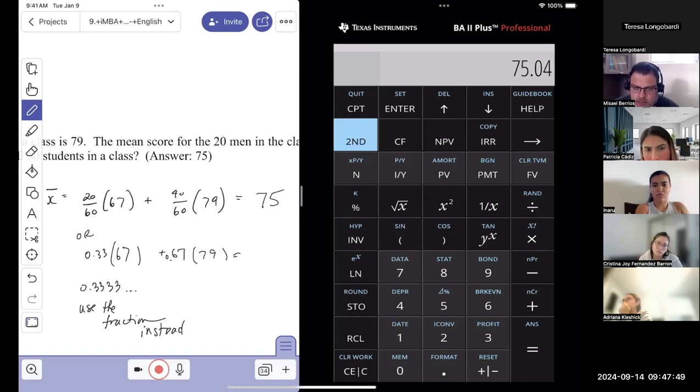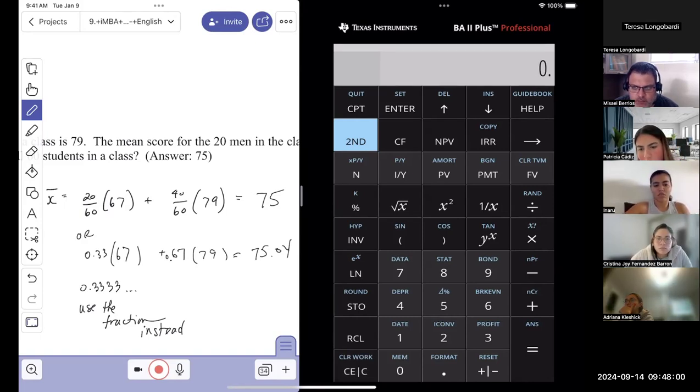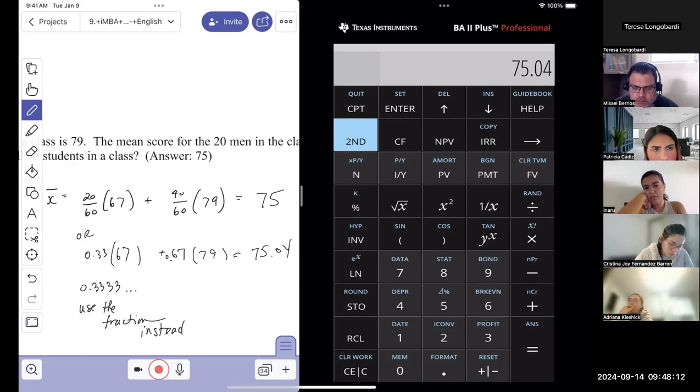Yeah, it's a little bit off. So which one is the correct one? 75.04 or 75? You see what I mean? So I prefer to leave it like that.